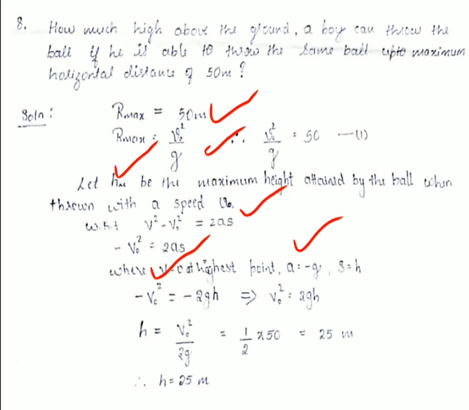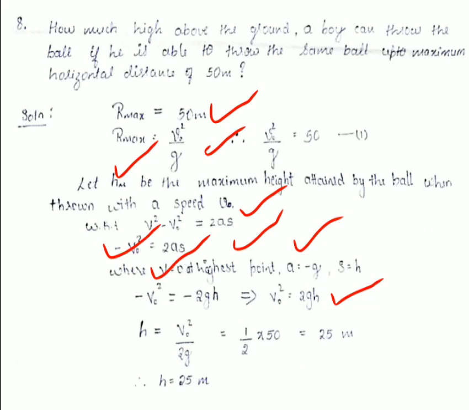So we know the formula, that is v square minus v naught square is equal to 2as. Substitute the value, so we will get minus v naught square is equal to minus 2gh. Substitute the value. What you will get? V naught square is equal to 2gh.